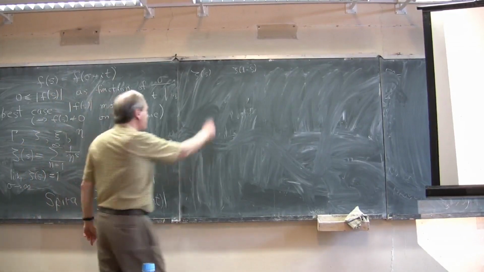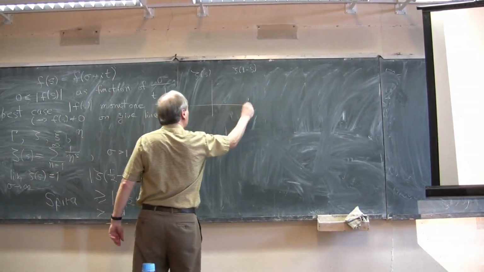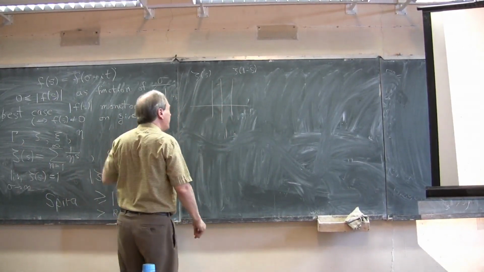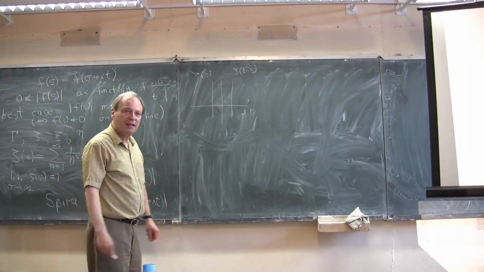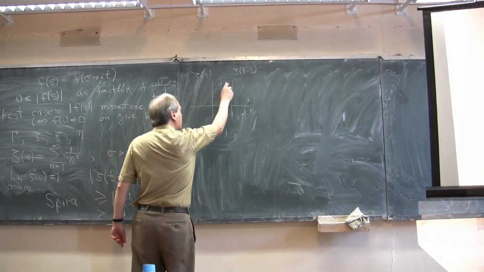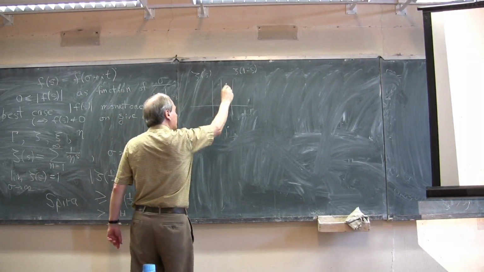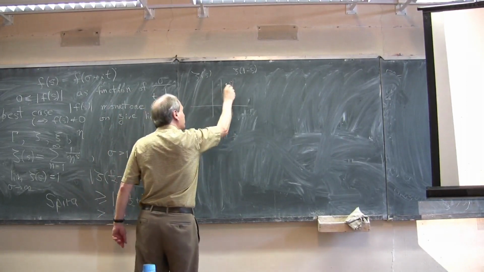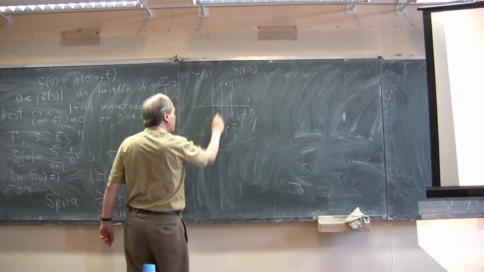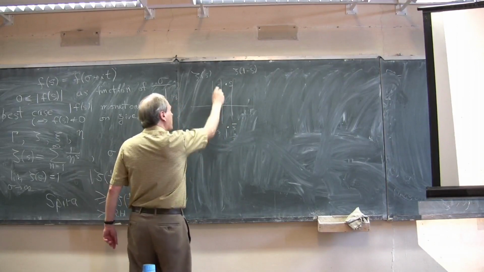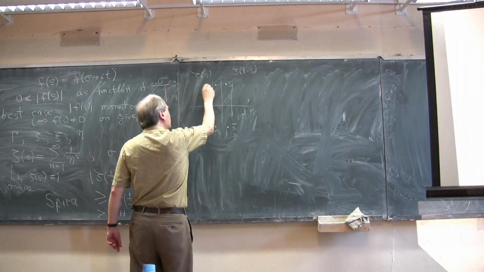And what that implies is that the zeros will either be on the critical line, or if there are any off the critical line, they must occur with their conjugates. This would be s. This is the conjugate of s. This would be 1 minus s. And this would be the conjugate of 1 minus s.